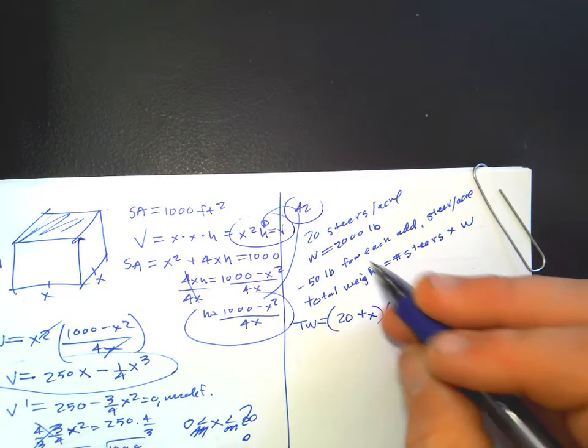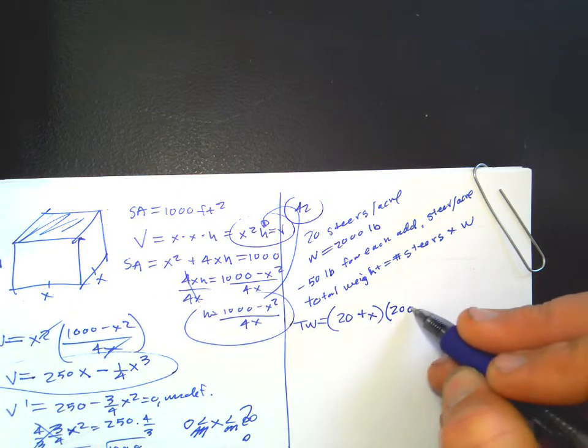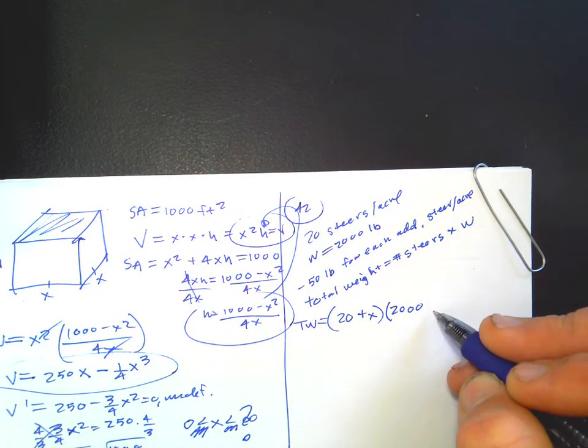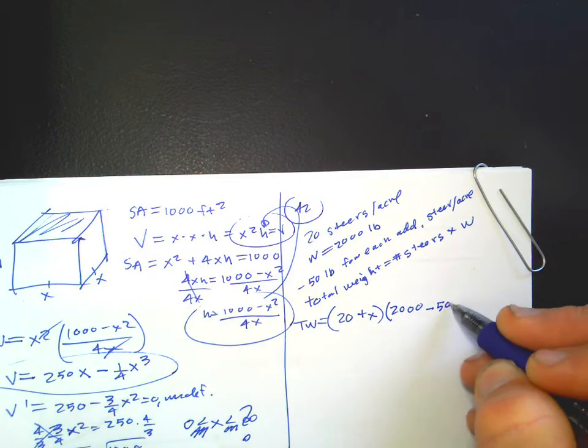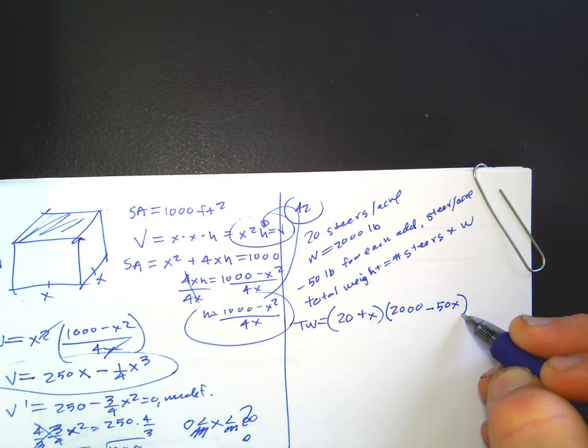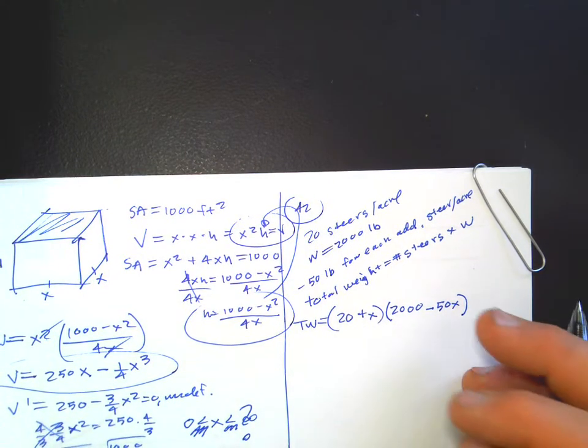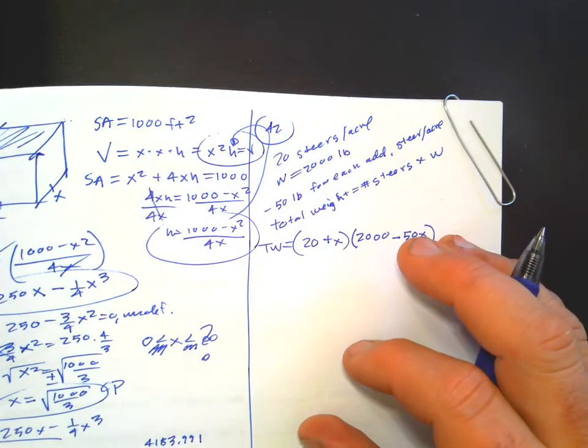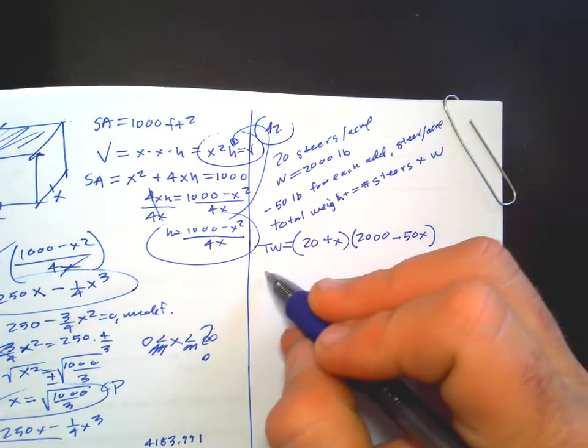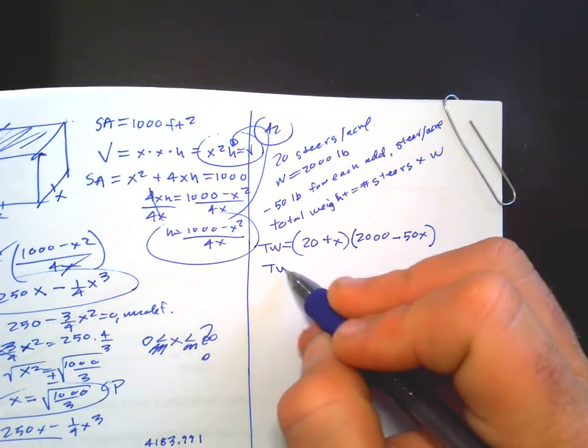So when there's 20 steers, it's 2,000. So if x equals 0, you get 2,000. But we subtract 50 for each additional steer. So that's our total weight. And so we could multiply this out.